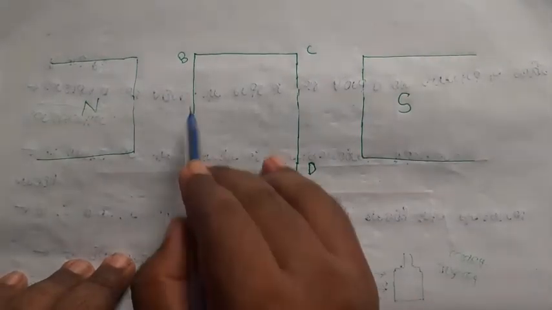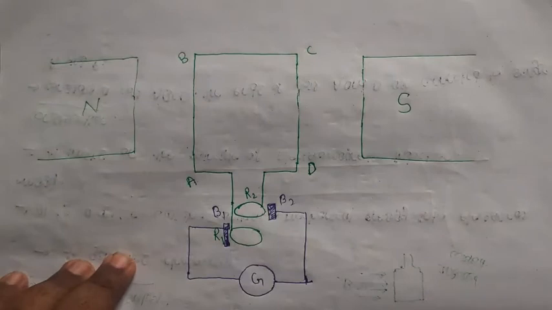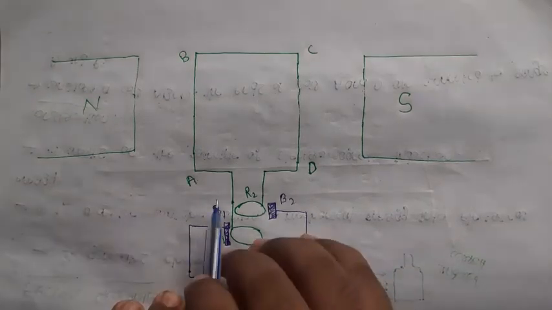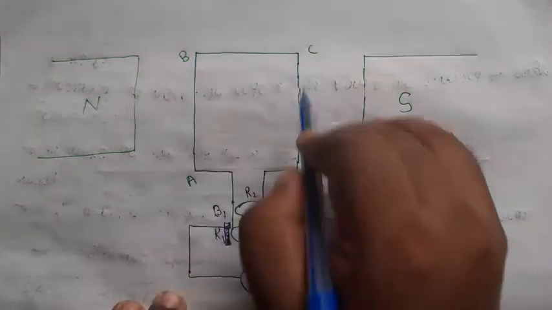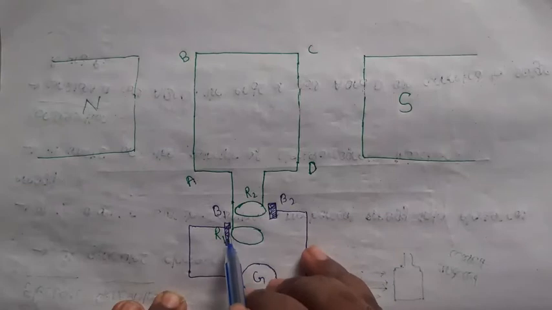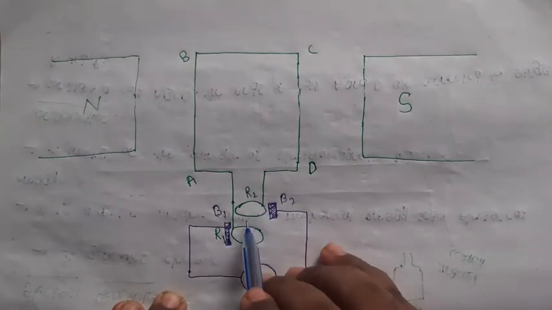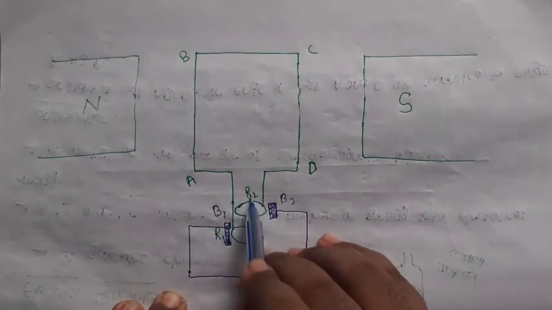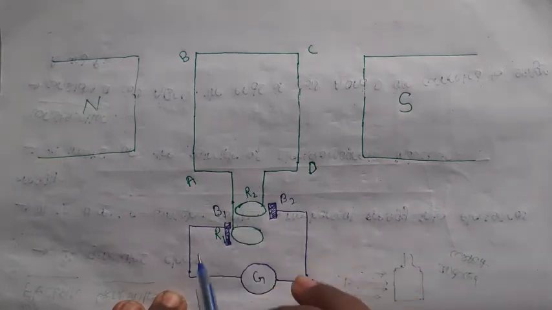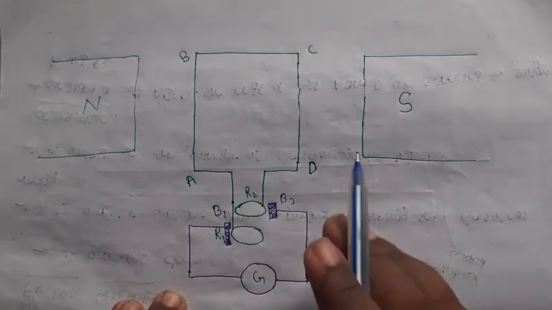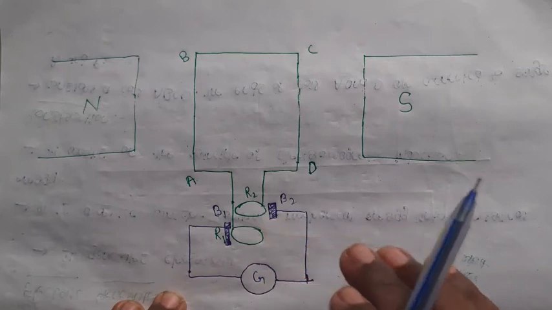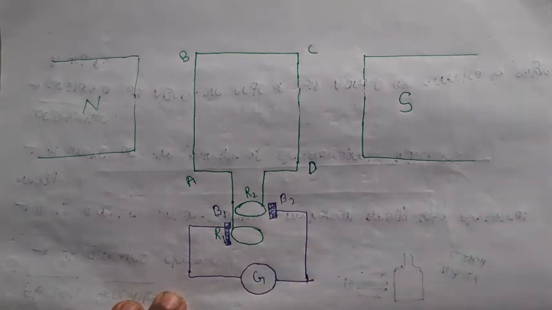The coil ABCD we call the armature. The ends of the coil, A and D, are connected to rings R1 and R2. These two rings help to rotate the armature either in clockwise or anti-clockwise direction.